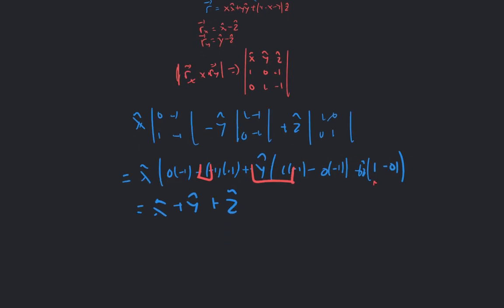So then take the magnitude of that. So that's just the square root of 1 squared plus 1 squared plus 1 squared, or the square root of 3. Pretty simple stuff.